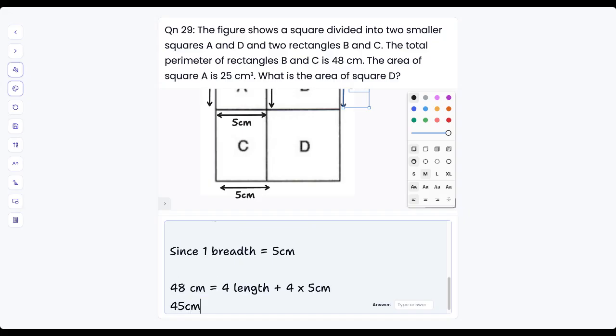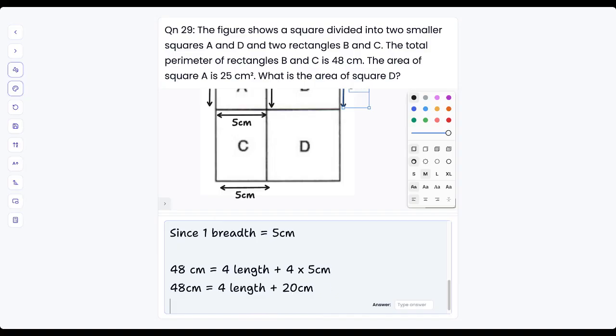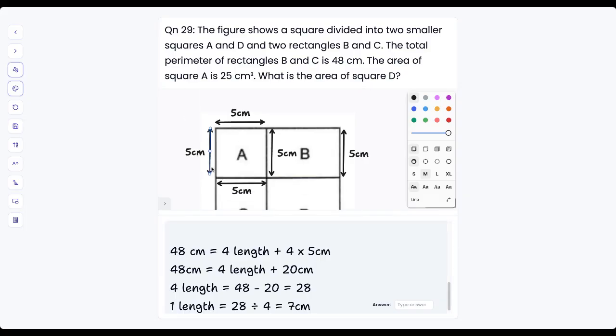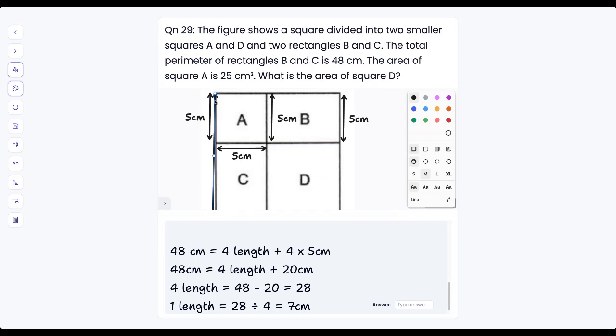So 48 centimeters equals 4 length plus 20 centimeters. So 4 length is equal to 48 minus 20 centimeters, equal to 28. And then one length is equal to 28 divided by 4. This will be 7 centimeters. So now we know that one length over here is 7 centimeters.